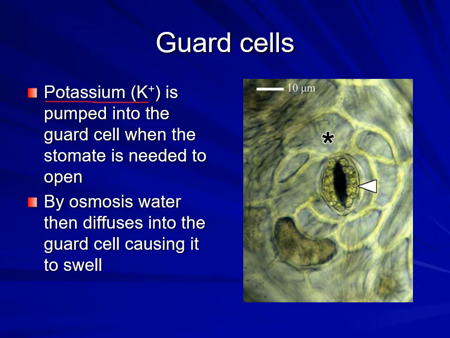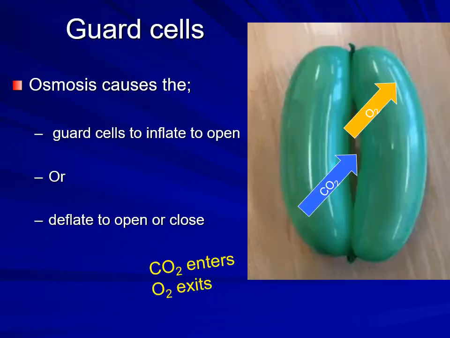Interestingly enough, the idea that CO2 entering and exiting is controlled by the plant alone is a little bit simplistic, because there are situations where plants can run out of water. So if they're water stressed, if a plant is limp, does it have enough water to move into the guard cells?